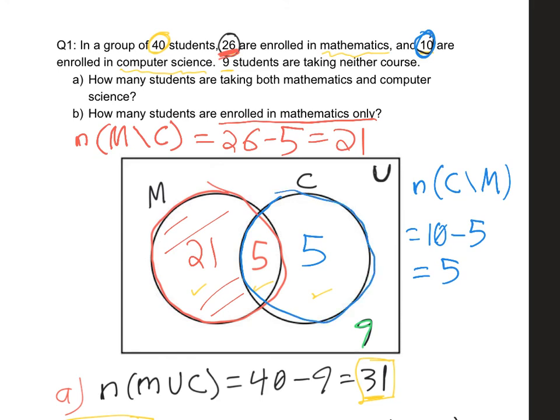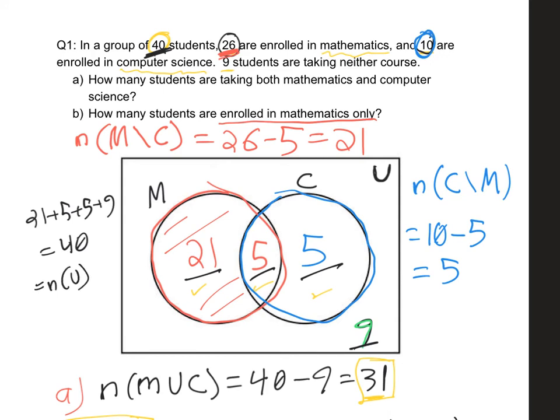Our universal set should have 40 students in it. Well, we have 21 students taking mathematics only. We have 5 students taking computer science only. We have 5 students enrolled in both. And we have 9 students who are taking neither. If we add all of those numbers up, so 21 plus 5 plus 5 plus 9, that gives us 40, which is also the number of people who were in the universal set.